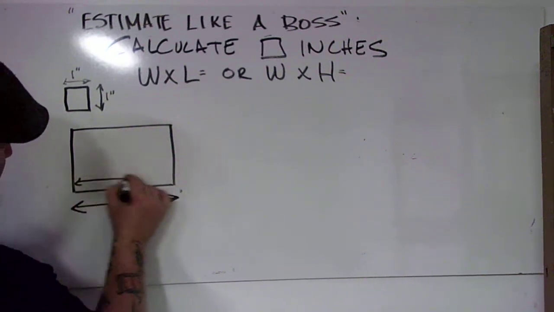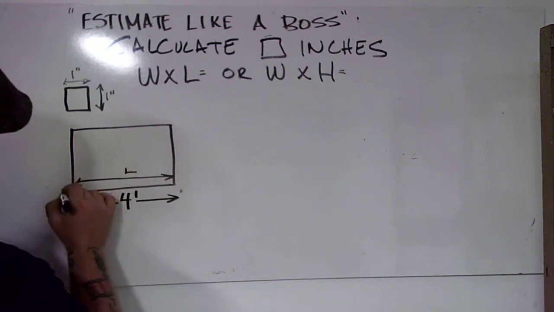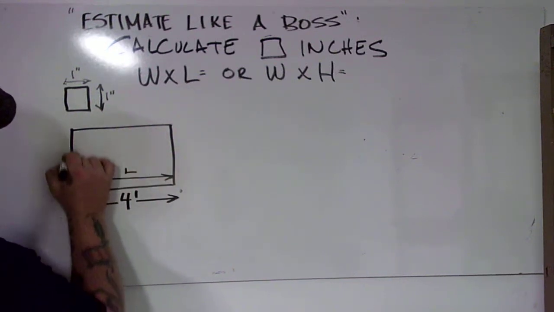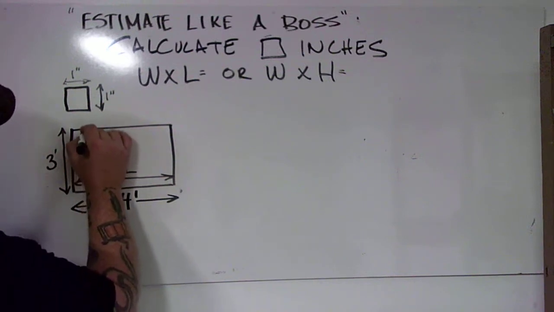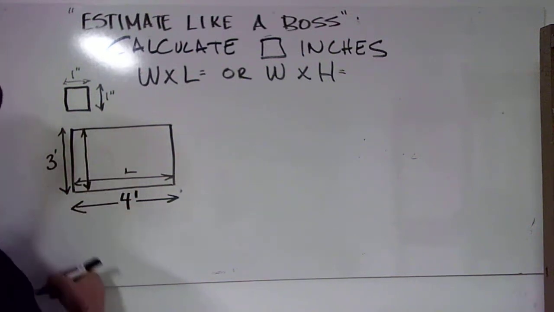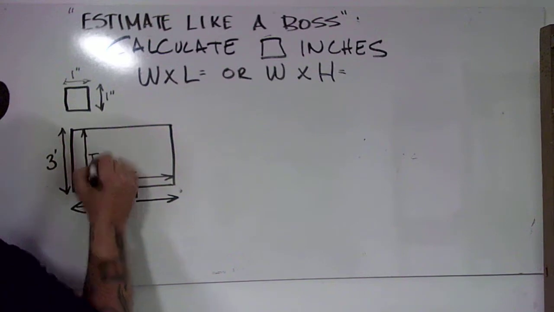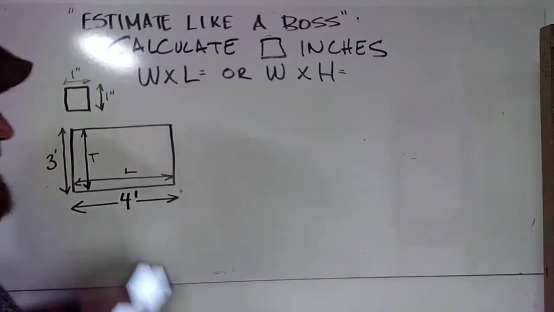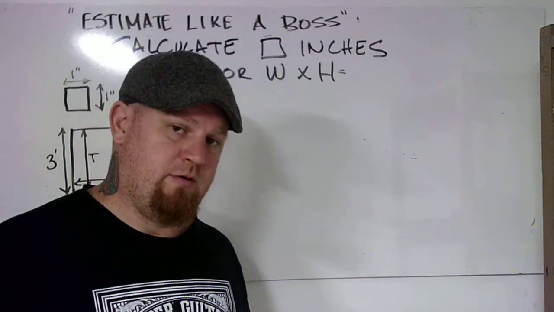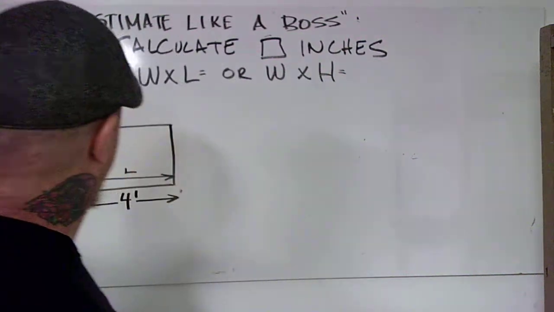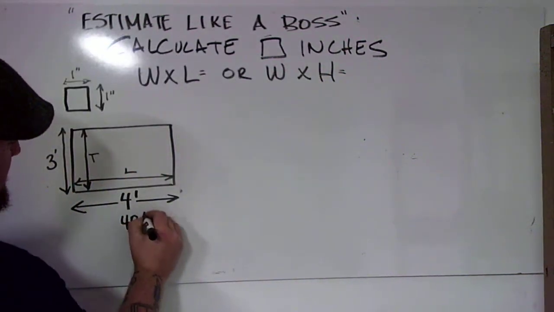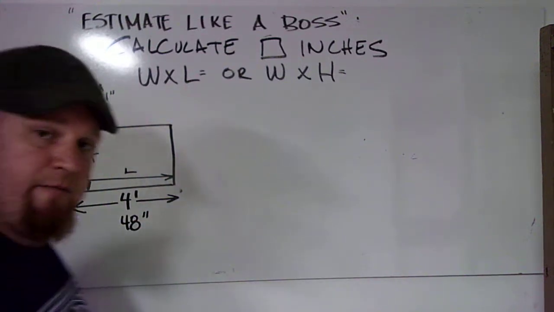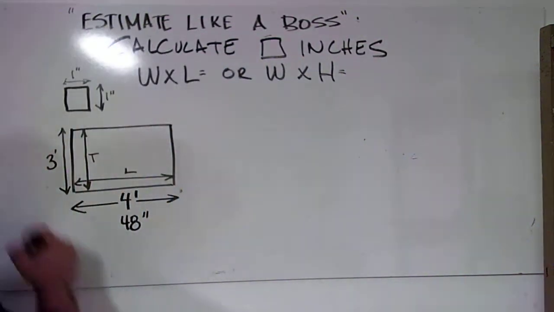So this would be the length, and 3 foot tall. What we have to do is convert these numbers into inches. So 4 feet is 48 inches, and 3 feet is 36 inches.